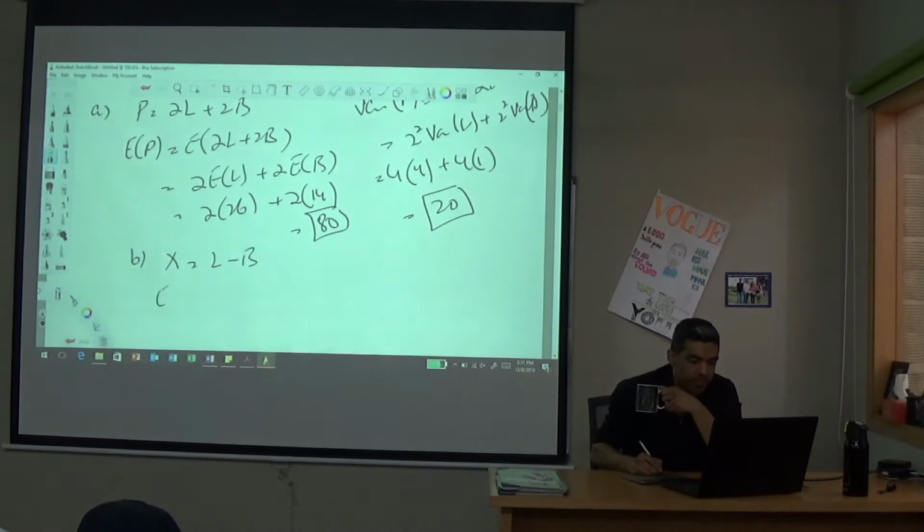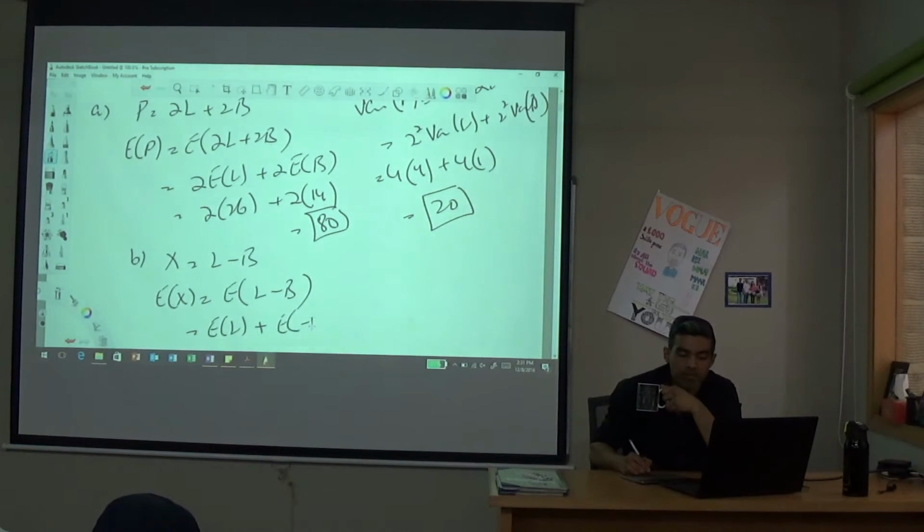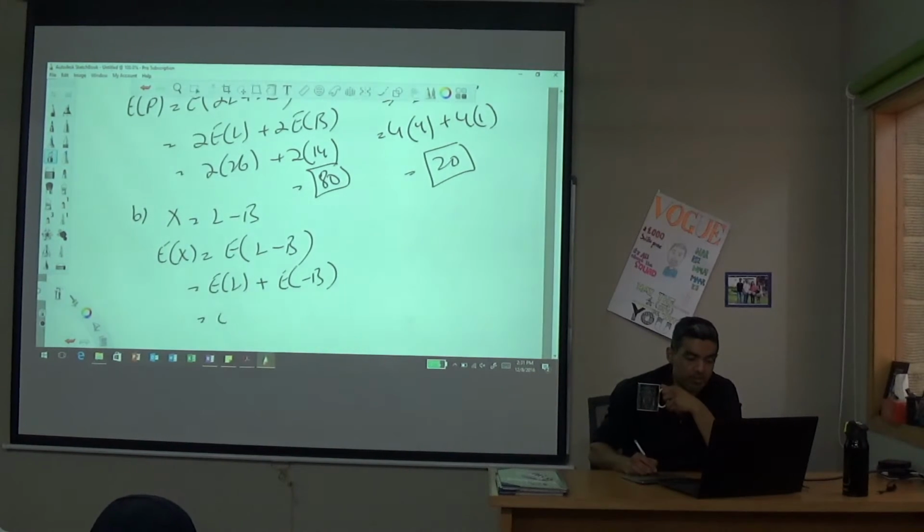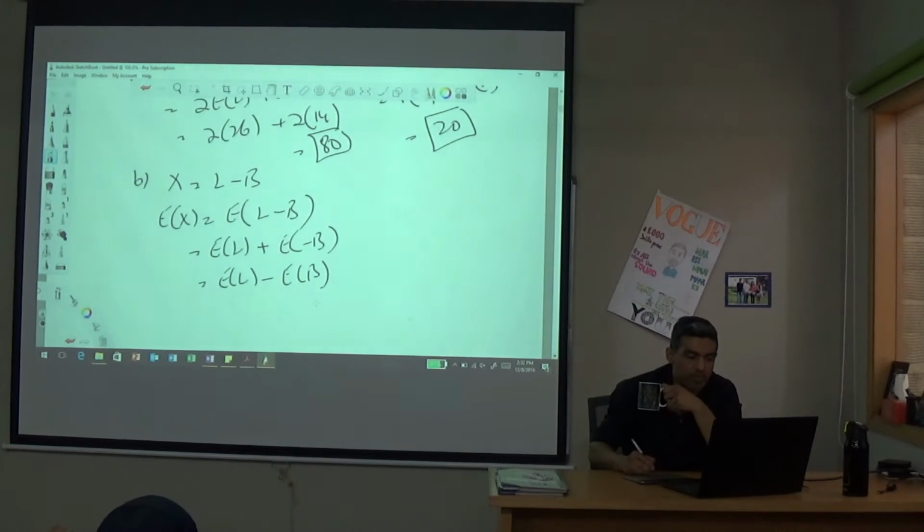So expected value of x is expected value of L minus B, which is expected value of L plus expected value of minus B, which turns out to be expected value of L minus expected value of B. So expected value of L is how much? 26 and B is 14.